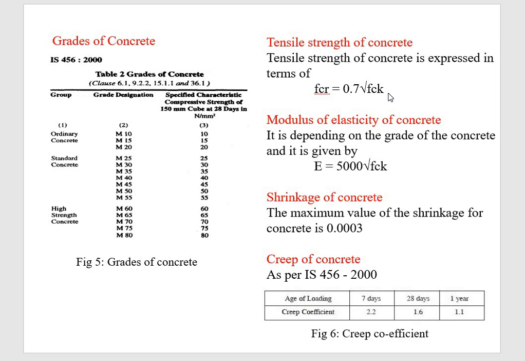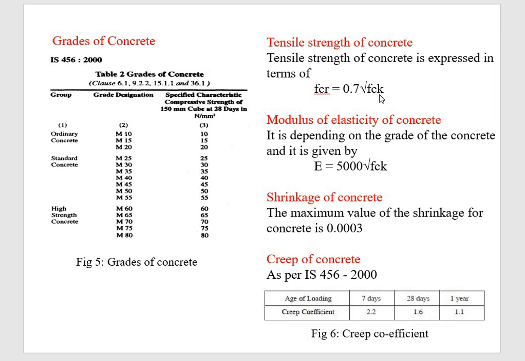See here, in these two formulas, the tensile strength of the concrete has a formula of fcr is equal to 0.7 root of fck. This is a standard formula for tensile strength of concrete, where this fck will keep on changing.